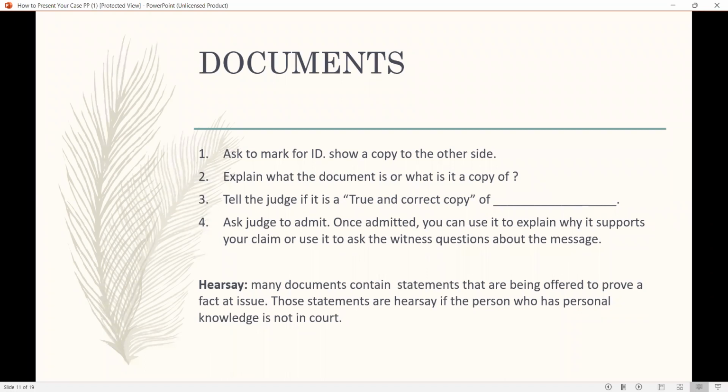So if a document is being offered to prove what's being stated in that document, that statement is going to be hearsay if the person who has personal knowledge of it is not in court. Think of hearsay as anything someone else told you, anything someone else said when they are not in court to testify as to the truth of that statement.